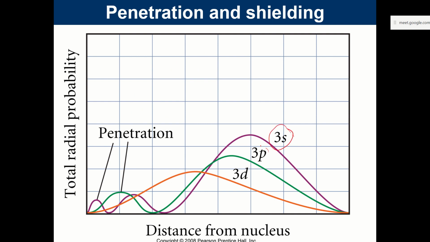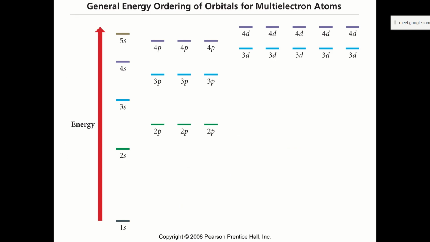3s, similarly 3s, 3p, 3d, when you are visualizing that, 3s has the largest most probable radius, but it is also having a very finite probability of being found close to the nucleus, with 2 loops, and so it will feel stronger attraction, its energy will be less, and that gives rise to this change in ordering of energy levels.